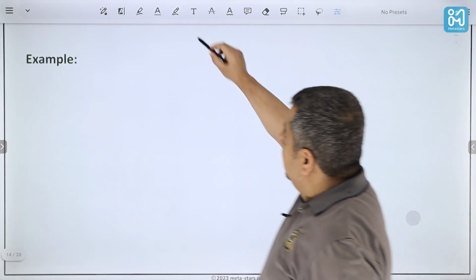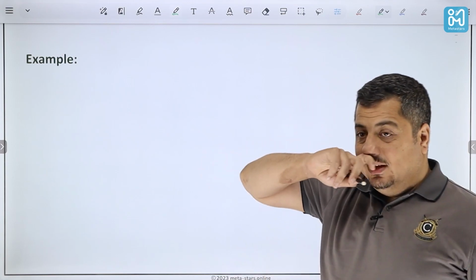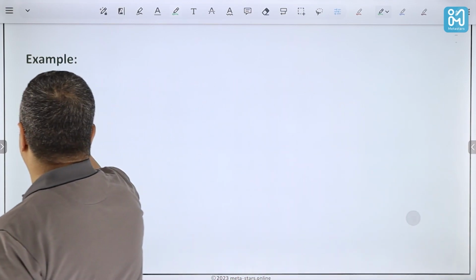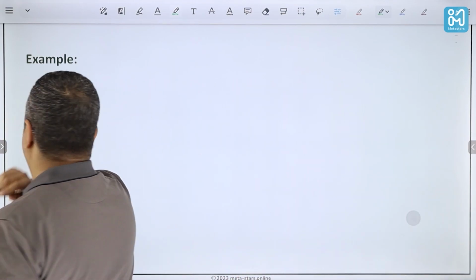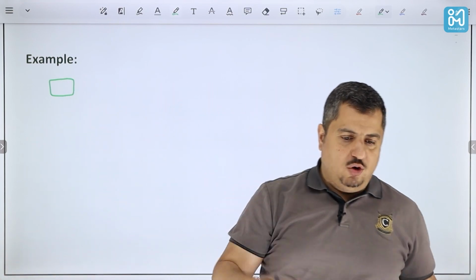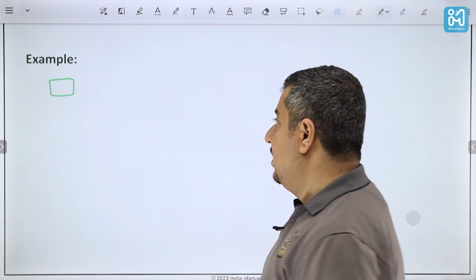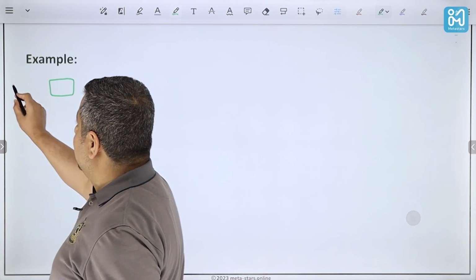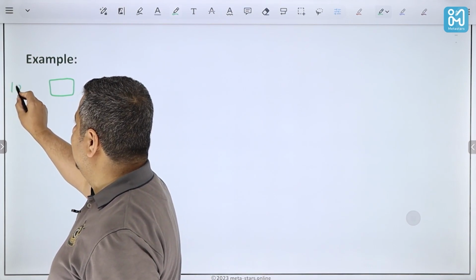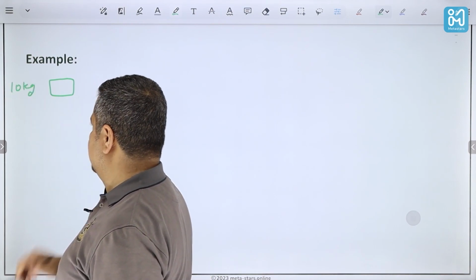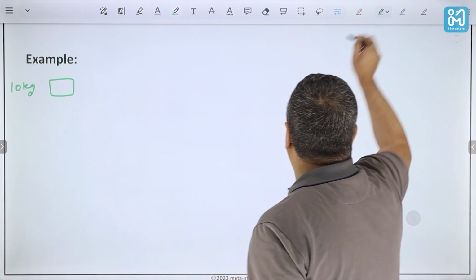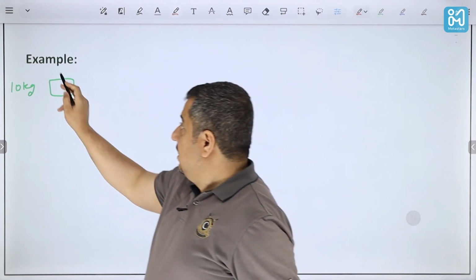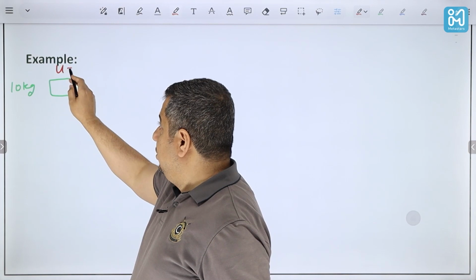Now, what if I released an object from a height, I don't know how much, from the ground, and let's say that the mass of this object is 10 kilograms. At the point of release, u is 0.